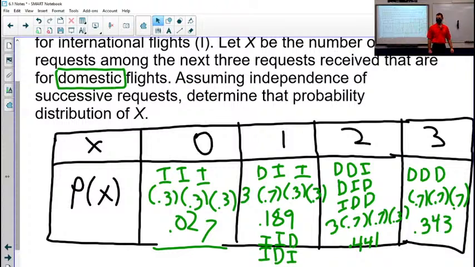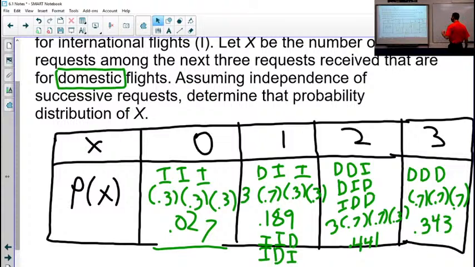Okay, am I good now? Okay. So 2 of them being domestic and 1 of them international. There are 3 different ways that can happen. And take all these probabilities, add them together, and they should add up to 1.